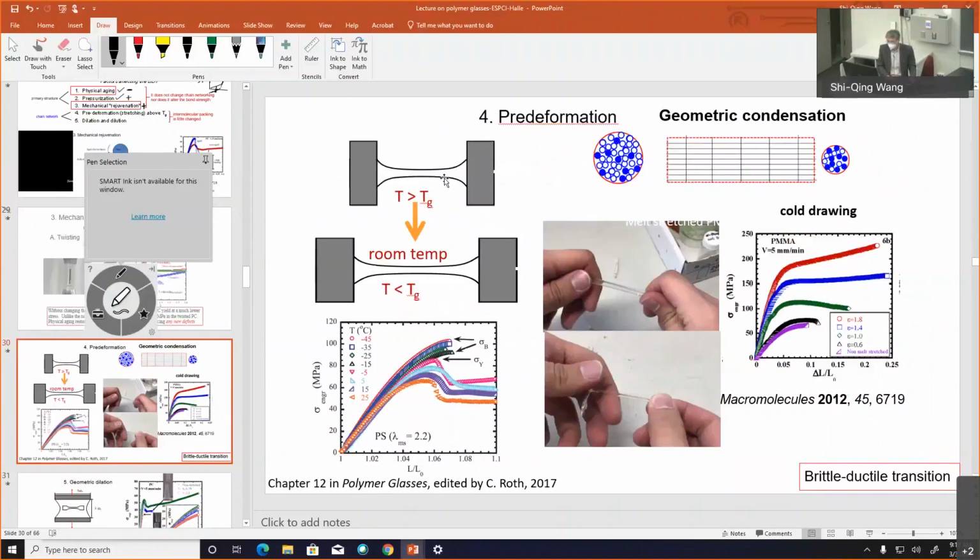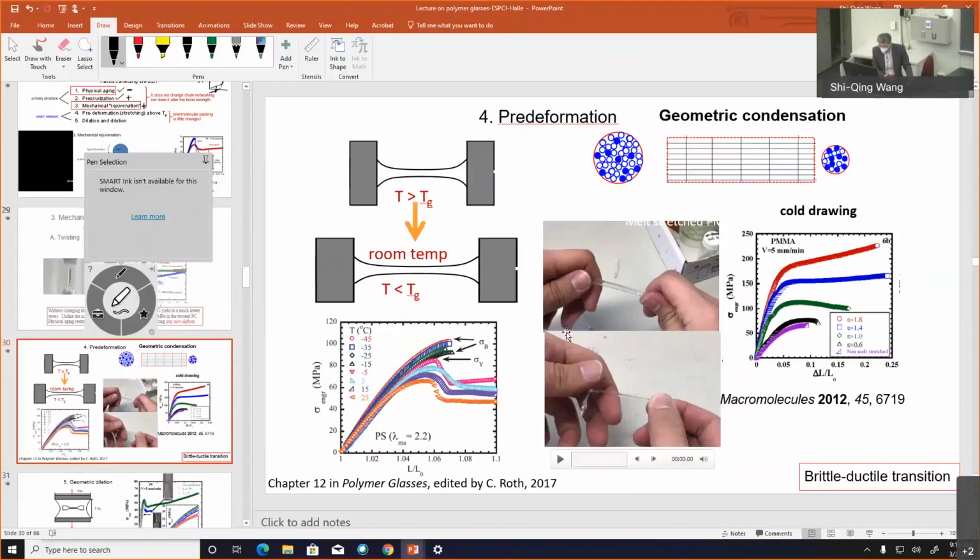You take your polystyrene above Tg, you draw it. We don't call it draw because above Tg it is basically a melt. We call it melt stretching it. The effect of that is that this network becomes geometrically more condensed in the cross-sectional dimension, in the dimension perpendicular to the drawing direction.